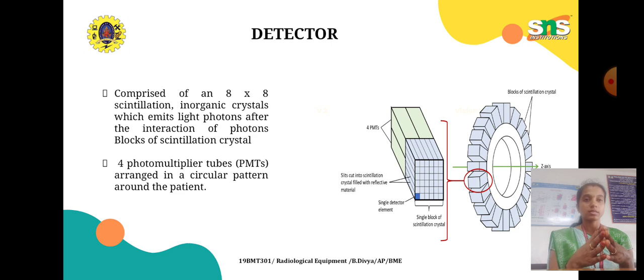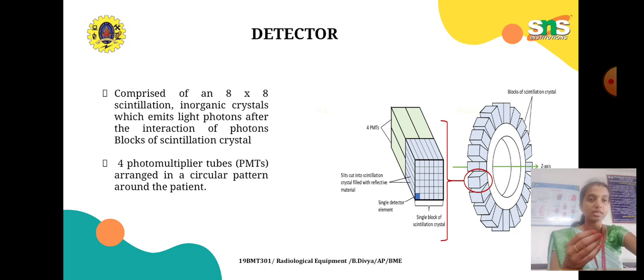Detector. What is a detector? It comprises 8x8 scintillation inorganic crystals which emit light photons after the interaction of photons. From the diagram you can see that 8x8 boxes have been given.